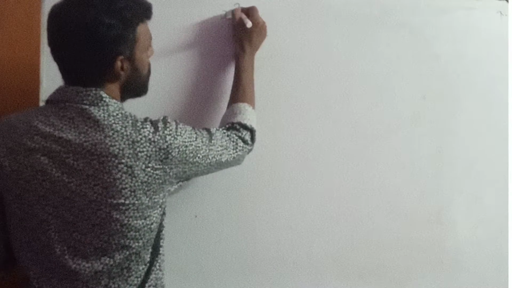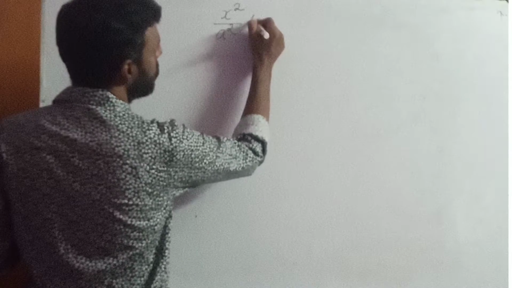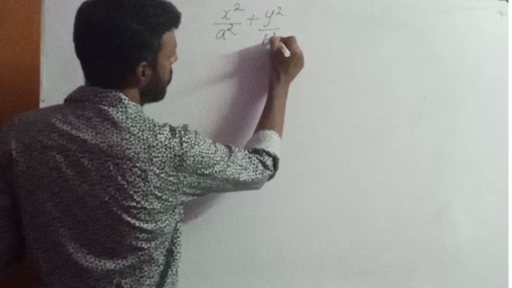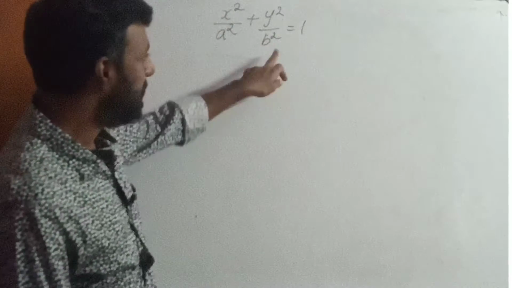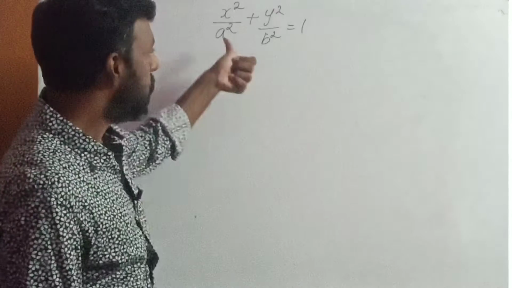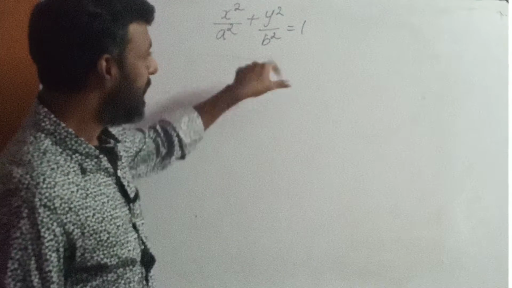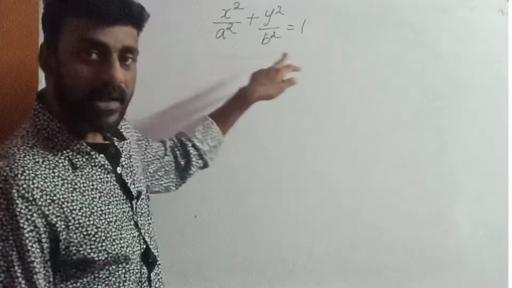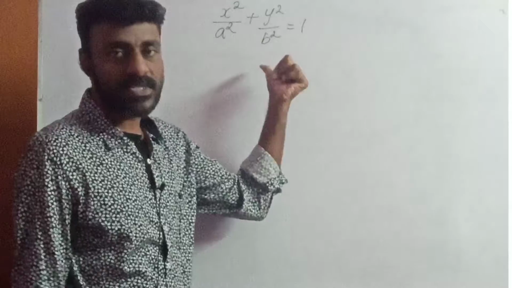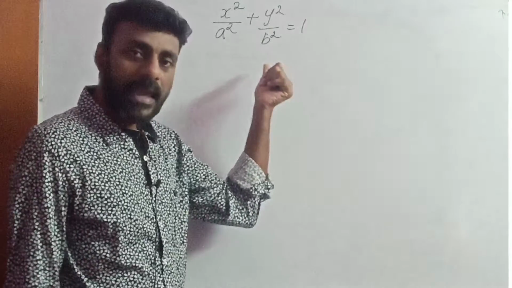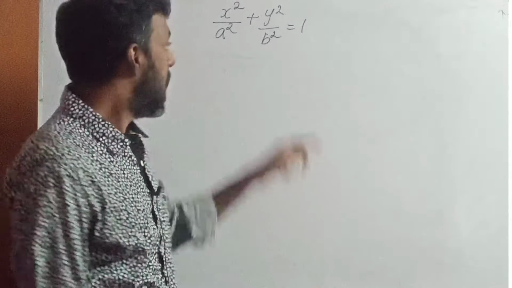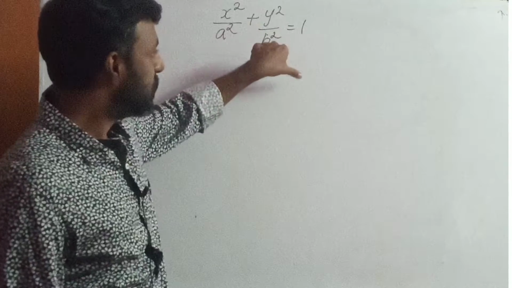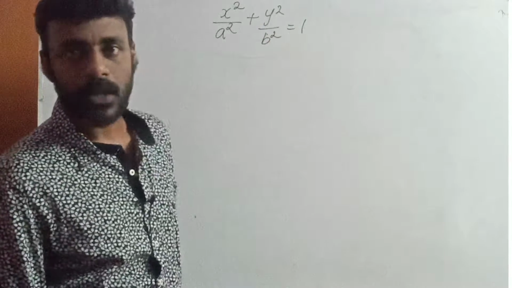The question is: the equation of an ellipse will be given to you, x squared by a squared plus y squared by b squared equal to 1, and you will be asked to find the area enclosed by this ellipse. Okay, this is the question.